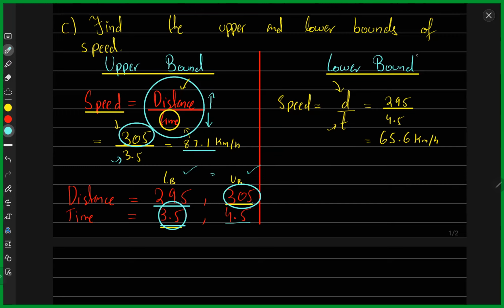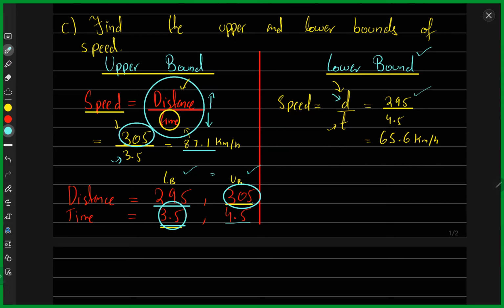And again, when I had to find the lower bound of speed, that meant I was supposed to find out the lowest possible value of speed. Speed is a fraction. If I talk about fractions, the numerator has to be lowest possible. So I had two options for numerator, 295 and 305. I just wrote 295 because that's the smallest possible option.